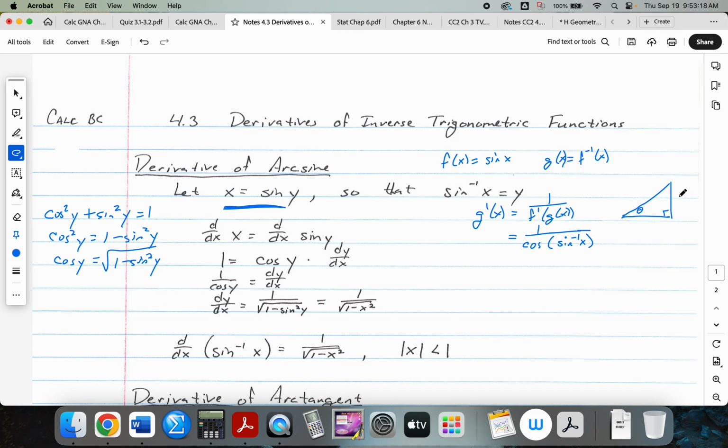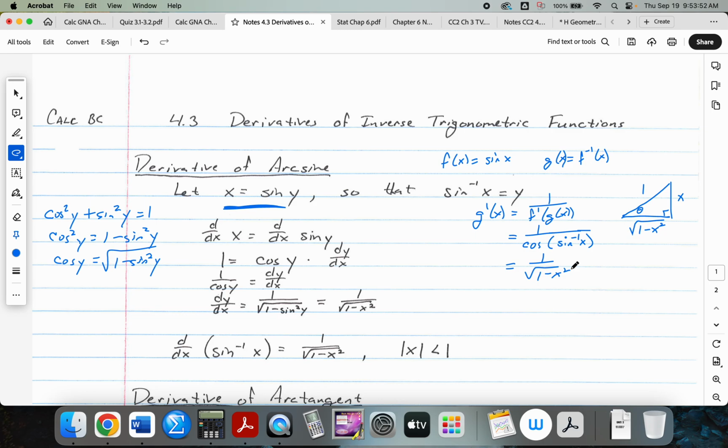So the opposite leg over the hypotenuse has to be equal to x. Then I want the cosine of that angle. By using the Pythagorean theorem and solving for this side, I get that the length of this side is the square root of 1 minus x squared. So this would be 1 over the square root of 1 minus x squared. So you can do it that way also.